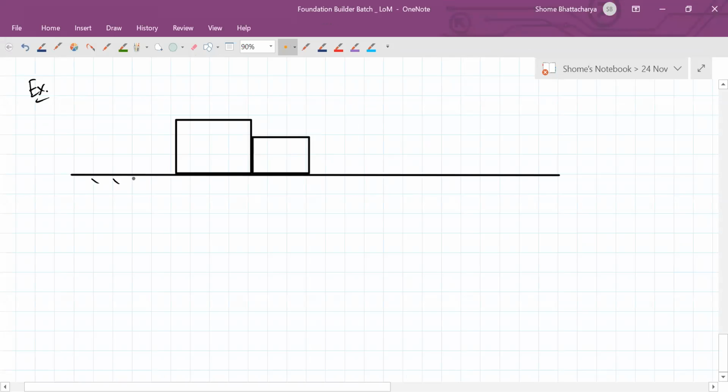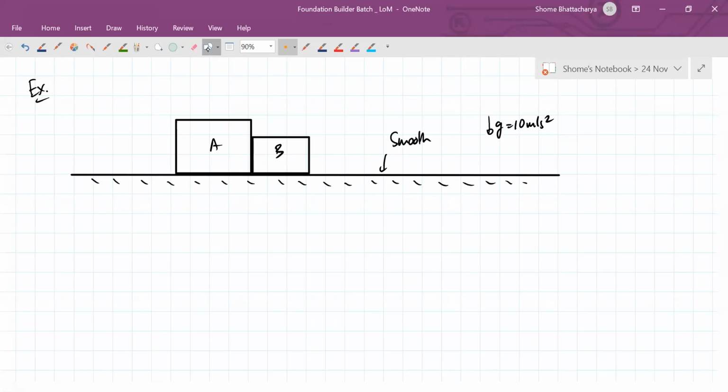So this is a combination of two blocks placed against each other on a smooth surface. And we push this combination with an external force which is horizontal like this.